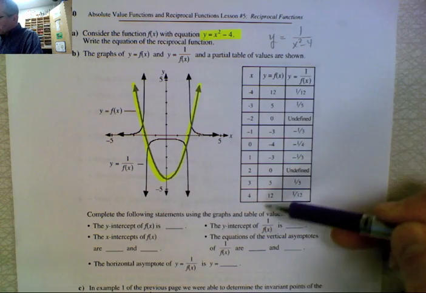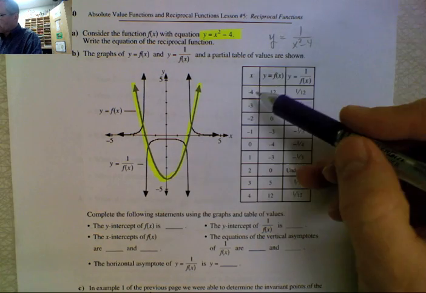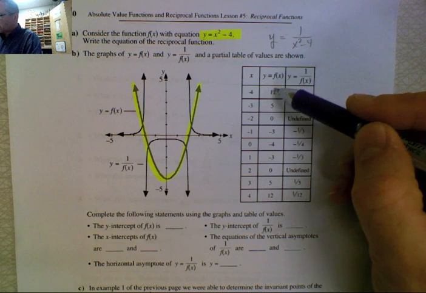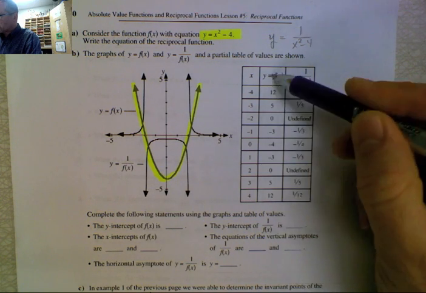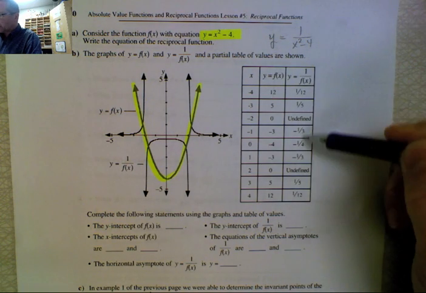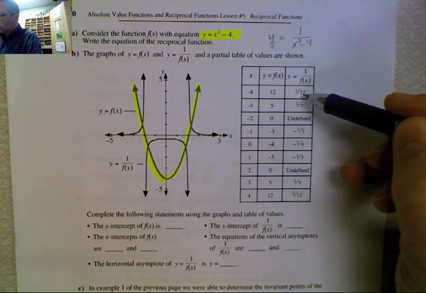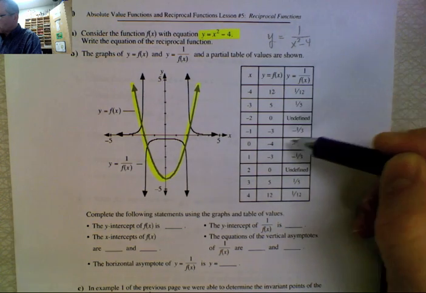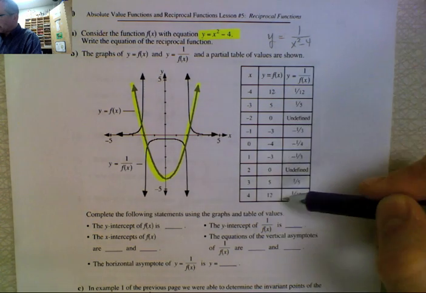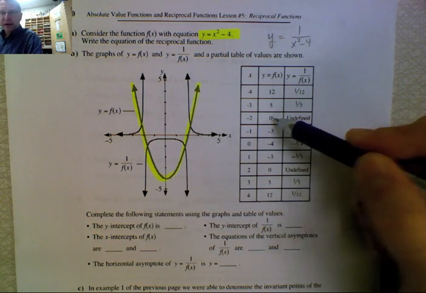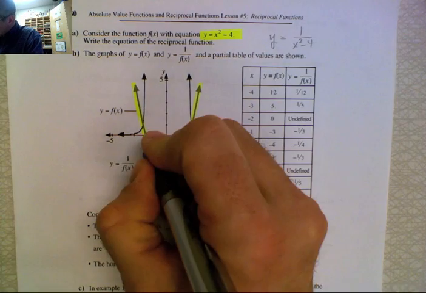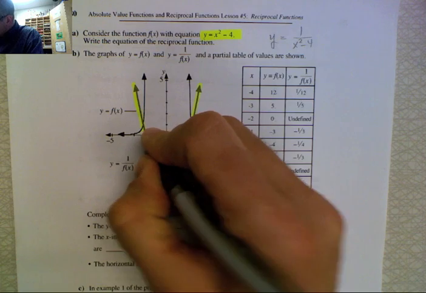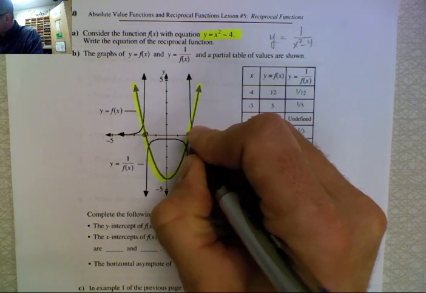So what they've done here is they come up with tables of values. For the original function, the coordinates of points are these first two columns, and our reciprocal function, we've taken the y coordinates and we've divided each y coordinate by 1. Now what you're going to notice is that because this is a parabola, we have two x-intercepts.